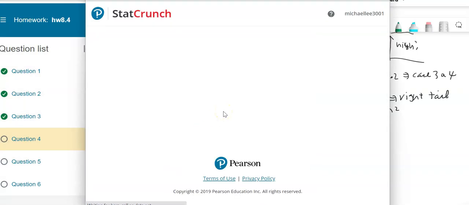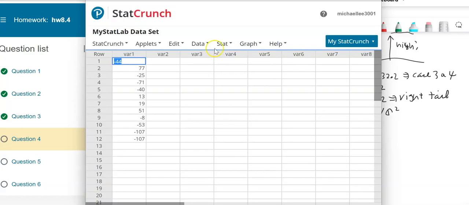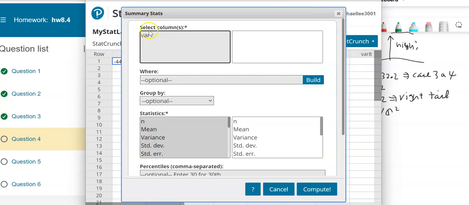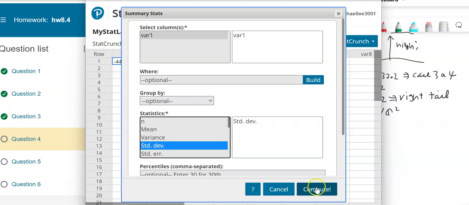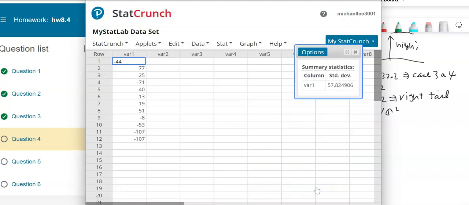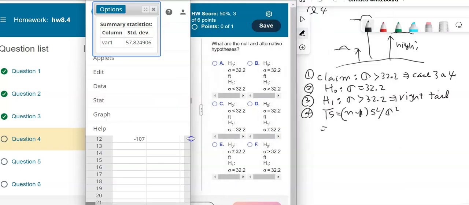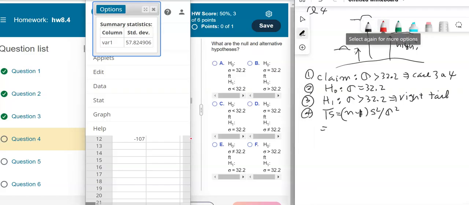Okay. So you go to stat, summary stats, column, bar 1, all we need is the standard deviation, okay? What is that? 57 point. So let me just move it over here. What is it? S is, let me just copy that value.